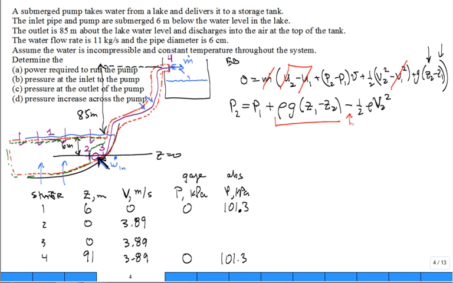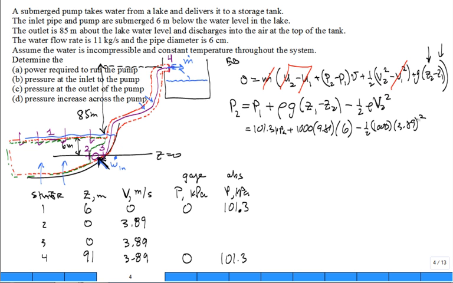Because it's having to be sucked into the pump, and it has kinetic energy. And the lower pressure is due to that kinetic energy component. So we can now calculate. We get 101.3 kPa plus 1,000 times 9.81 times 6 meters, minus 1/2 of 1,000 times 3.89 squared.